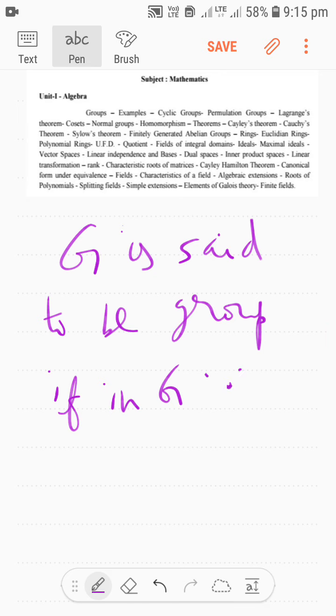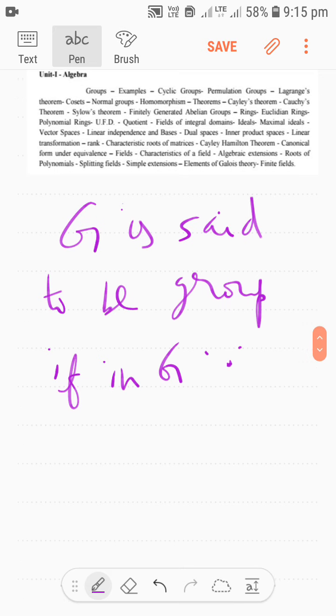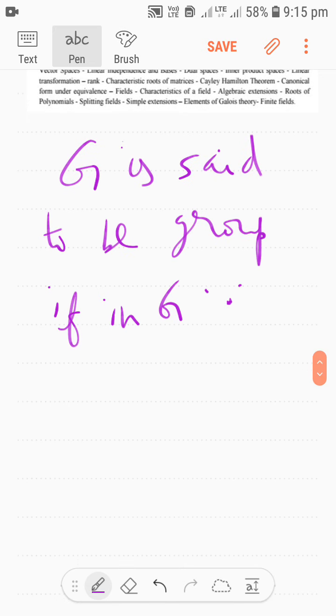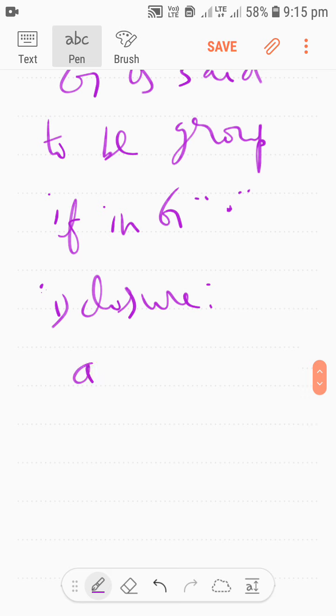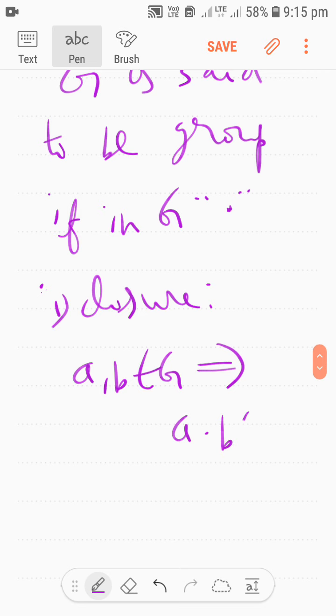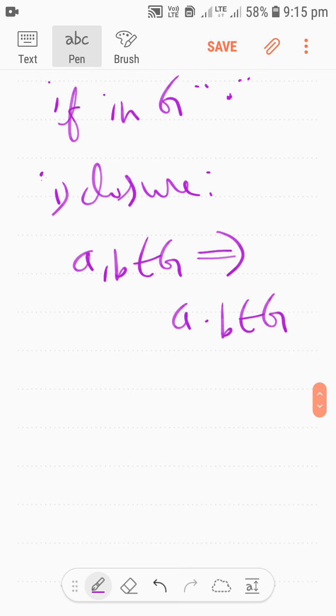Dot means product, and it is denoted by the dot symbol, such that first, the closure property should be satisfied. Closure property means if a, b belong to G, which implies a dot b also belongs to G. Here a and b are elements, G is a non-empty set, so a and b should belong to that set and a dot b also belongs to G.